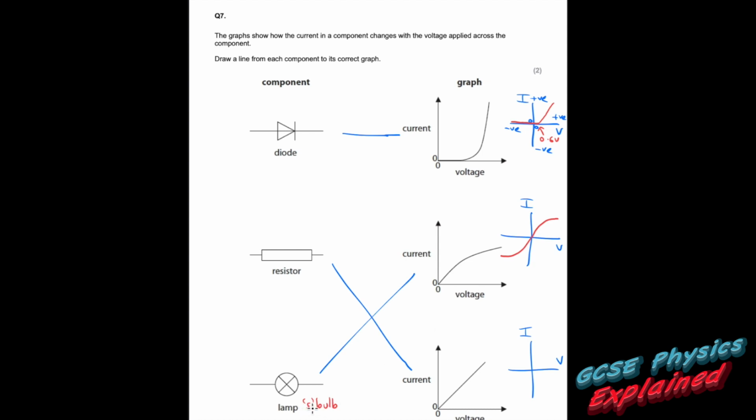So that's why I call it a spulb, to help my students remember the shape. And basically, any fixed resistor is directly proportional, which means it's a straight line going forwards and in the reverse direction as well. Now we'll see if we need that later on in this paper.